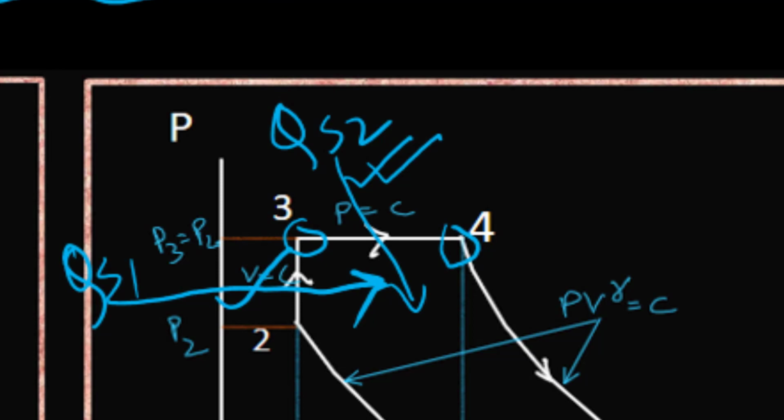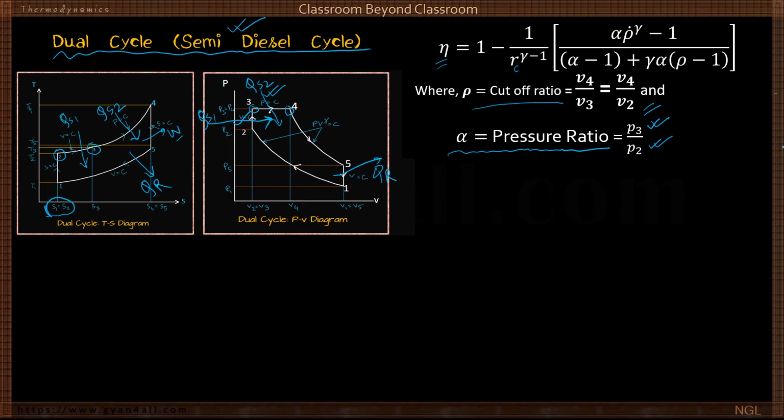So alpha is equal to P3 divided by P2. This ratio is for pressure, and rho is the cutoff ratio. That ratio is for volume, a ratio of two volumes, while this is a ratio of two pressures, higher pressure divided by lower pressure. In the cutoff ratio, it is higher volume divided by lower volume.